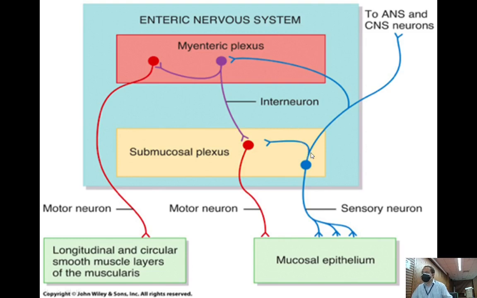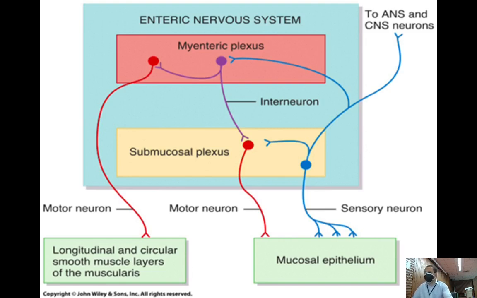Long reflexes like the vagovagal reflex, and short reflexes involving the enteric nervous system. So neural control is a very comprehensive control. But besides the neural control, you have the endocrine control as well. Because that is also very comprehensive, I will deal with that in the next class.